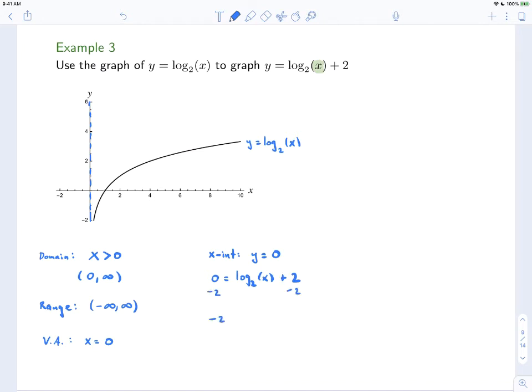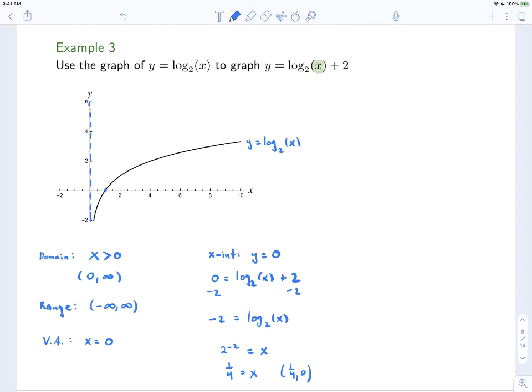We get negative 2 equals log base 2 of x. So negative 2 is the power of 2 that gives us x. What does that mean? That means 2 to the negative 2 equals x. So 1/4 equals x. So the x-intercept is 1/4, comma, 0.